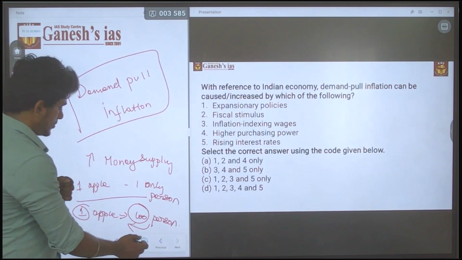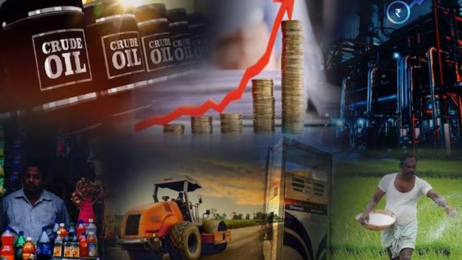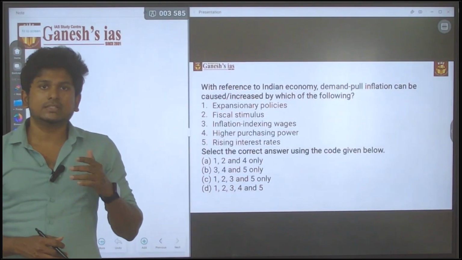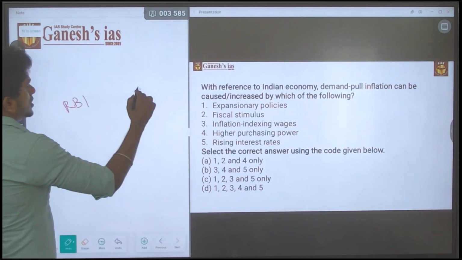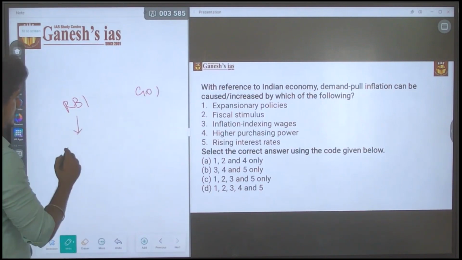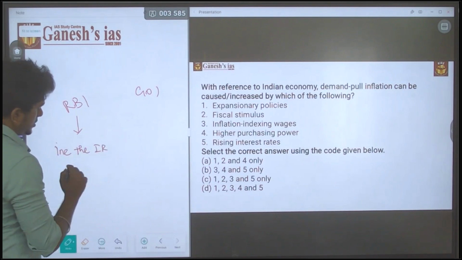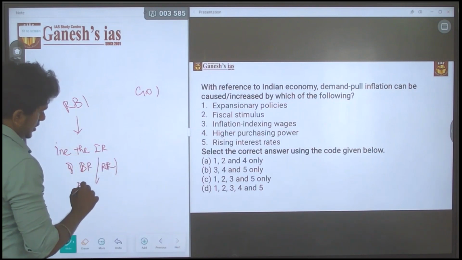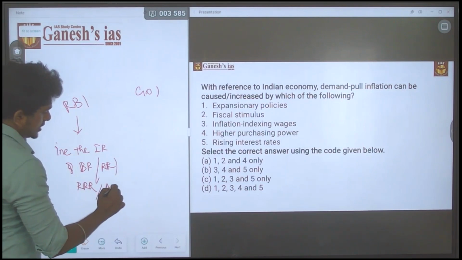See, if there is inflation in the market, what will the RBI and the government do? RBI will do certain things and the government of India will also do certain things. The RBI will increase the interest rates: bank rate, repo rate, reverse repo rate, and marginal standing facility.